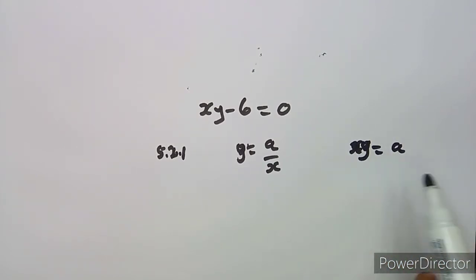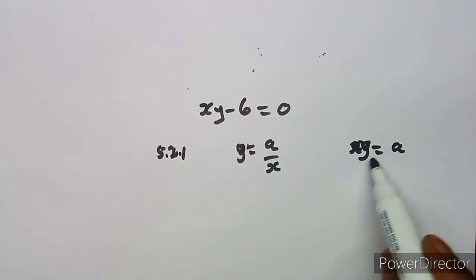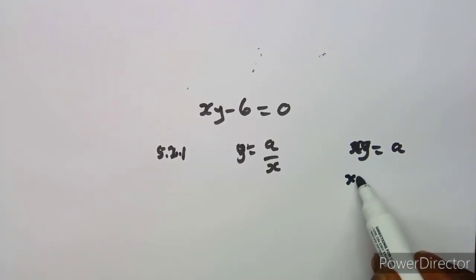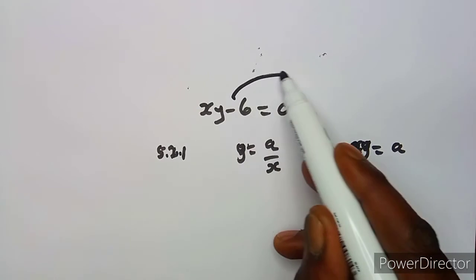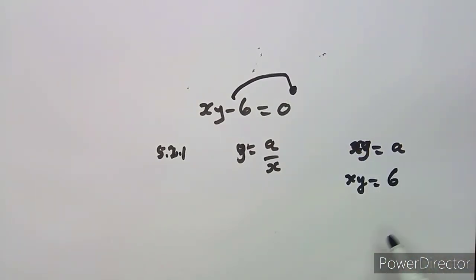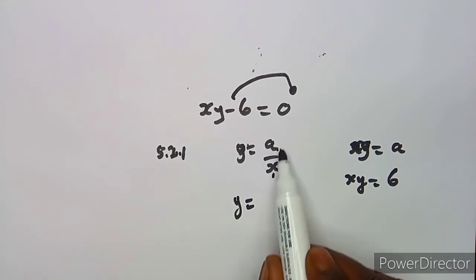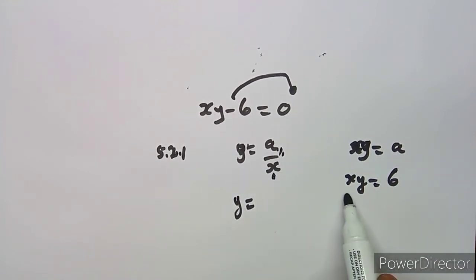So you can write it in any way. Writing in this format, we have xy equal to 6, with the 6 moved to this side as a positive 6. Then y is equal to a over x, or c over x, which means you have to divide by x, which gives 6 over x. So that's what you have there.